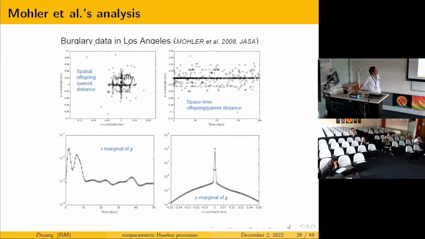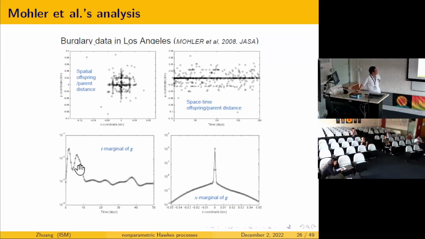This part, in fact, is the size of the blocks of each house. And this is the space-time marginal. This is more like the X distance, like the same street, something like that. For the time marginal of the response function, they have some shapes here.